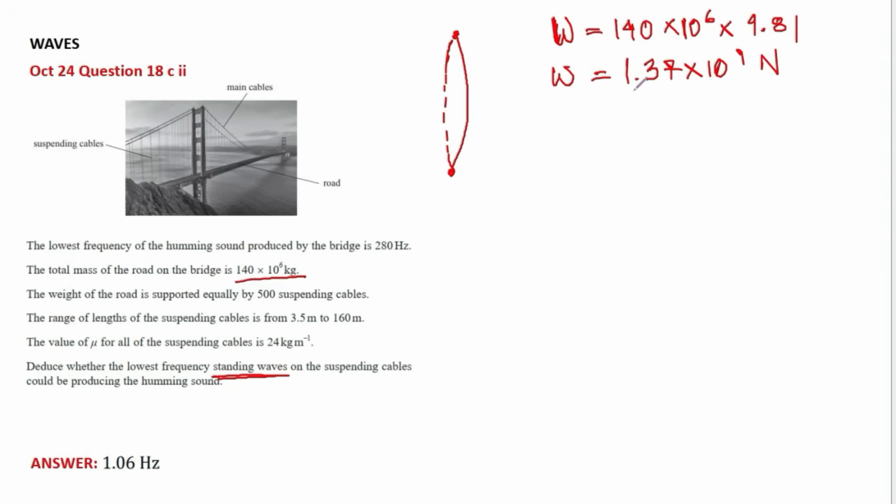But that's the weight that these 500 cables would balance or support. But I need to find out the tension in one string, one of the strings. So that is this value divided by 500, because 500 of them supports this value. So one of them would be this value divided by 500. So you call that the tension in a cable is given by the value divided by 500.